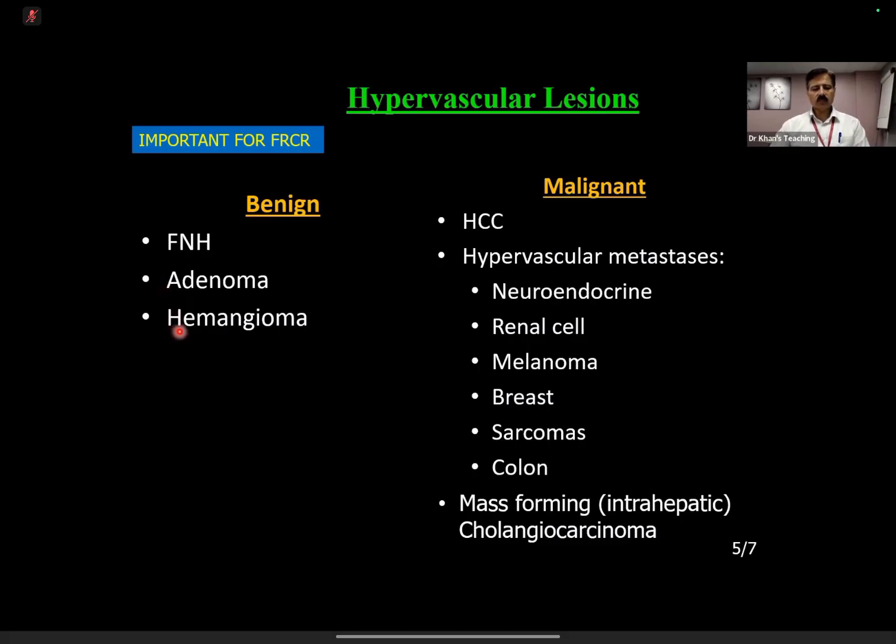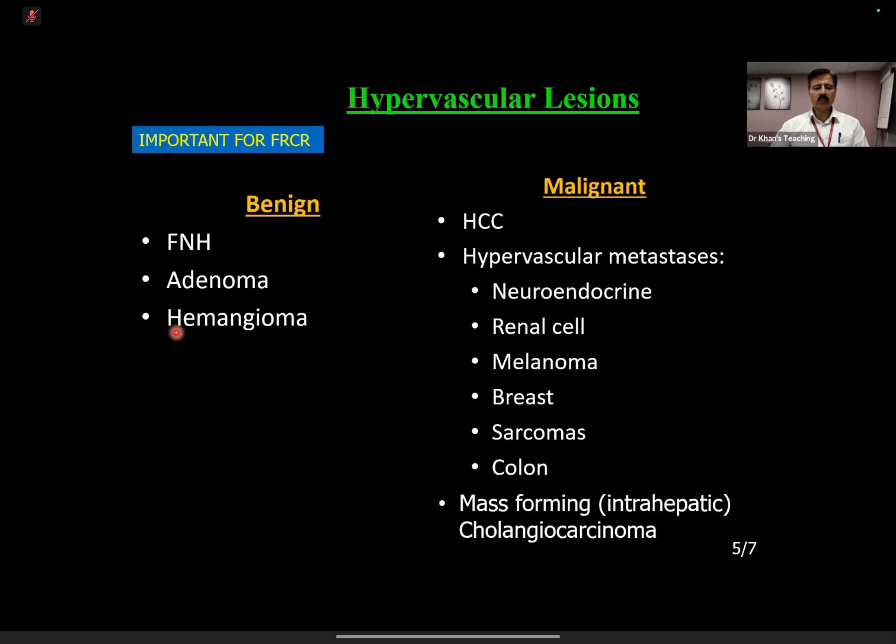Now, hemangiomas, as candidate 2 correctly pointed out, there is a hemangioma which is known as flash hemangioma. Please remember, size is the criteria. Some people take 1.5 centimeter, some people say up to 2 centimeter. So basically they are small, and that is why they enhance completely on arterial phase.